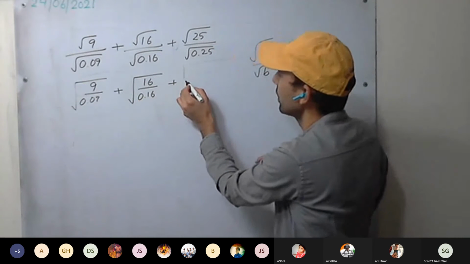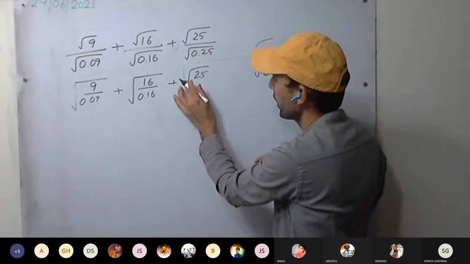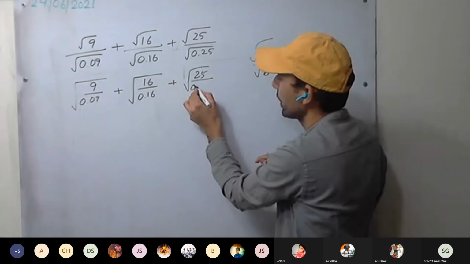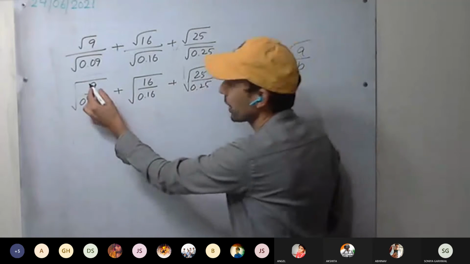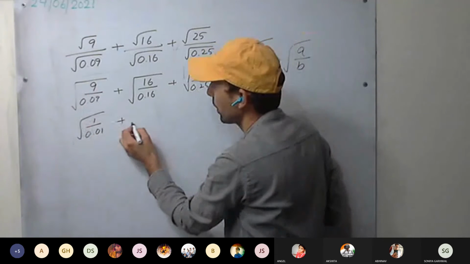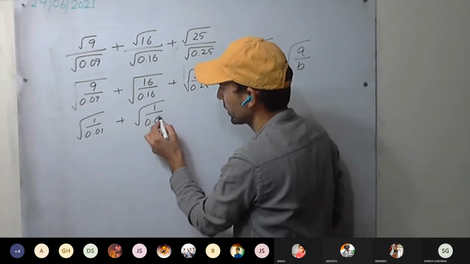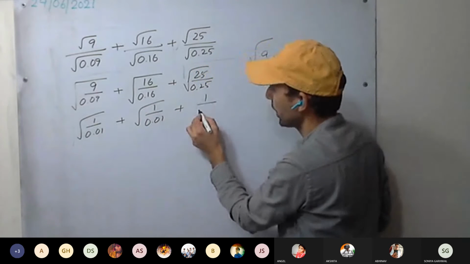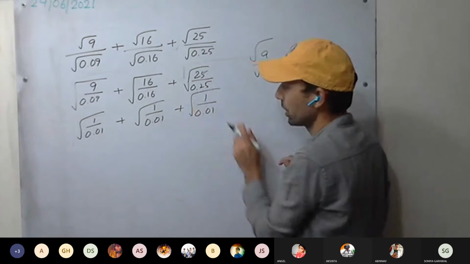So 9 can cancel: 1 divided by 0.01 plus 1 divided by 0.01 plus 1 divided by 0.01.